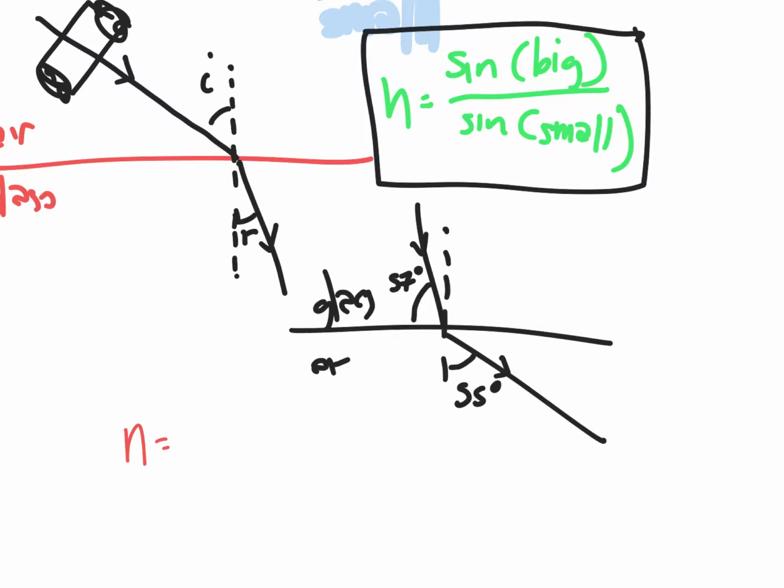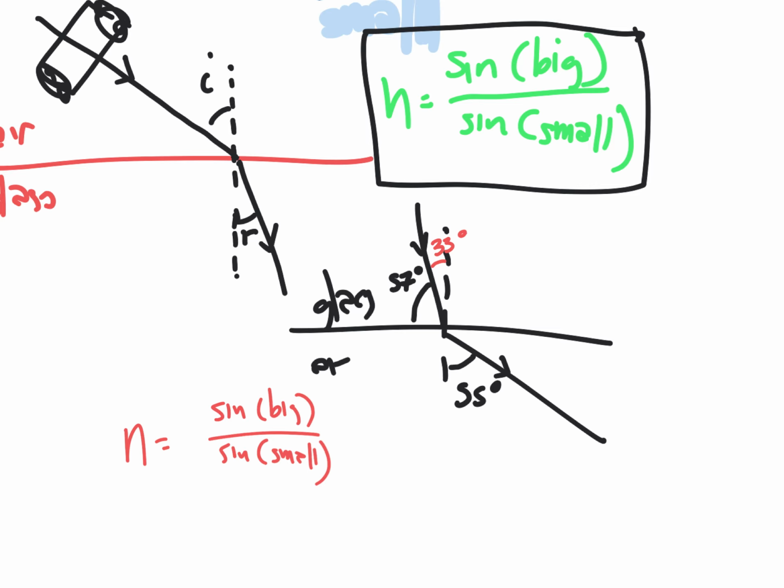You're going to use sine big over sine small. So which is the bigger angle? Are you thinking this is the bigger angle? Careful. Remember that we always measure our angles to the normal. As such, the angle that I'm interested in for this formula is actually 33.